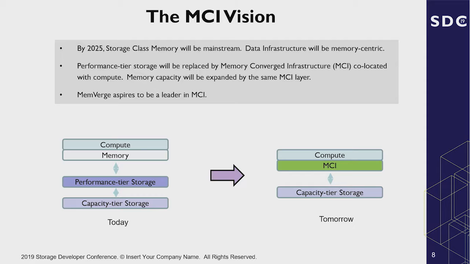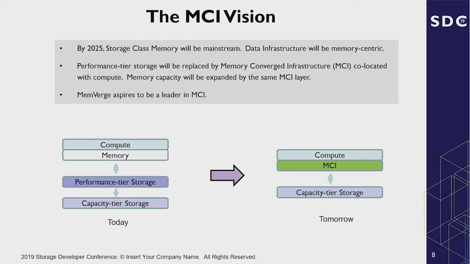Right. So maybe let me clarify. I think this is a bit analogous to the earlier question. I do not think that storage class memory will replace NAND flash in terms of the hardware devices. My prediction, which I could be wrong about, is that NAND flash will exist. Some of it will exist inside of that MCI.